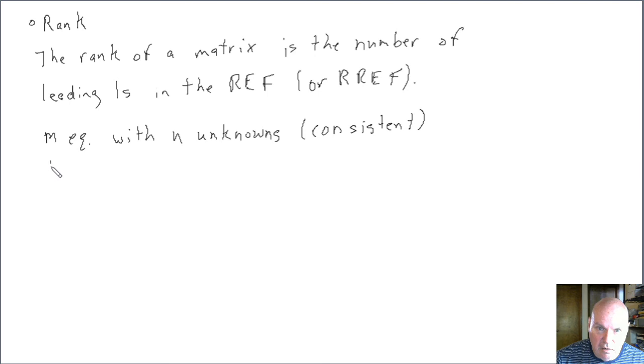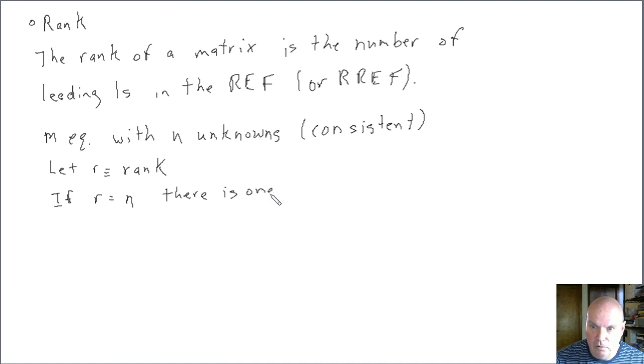If we let R be the rank of the augmented matrix, if R is equal to n, the rank of the matrix, the number of leading ones is equal to the number of unknowns, there is one solution.